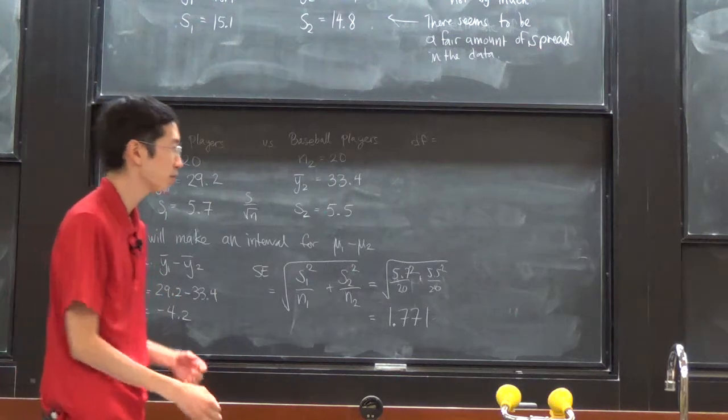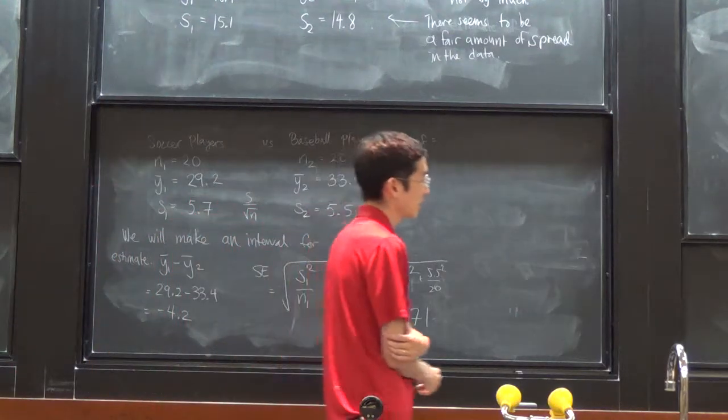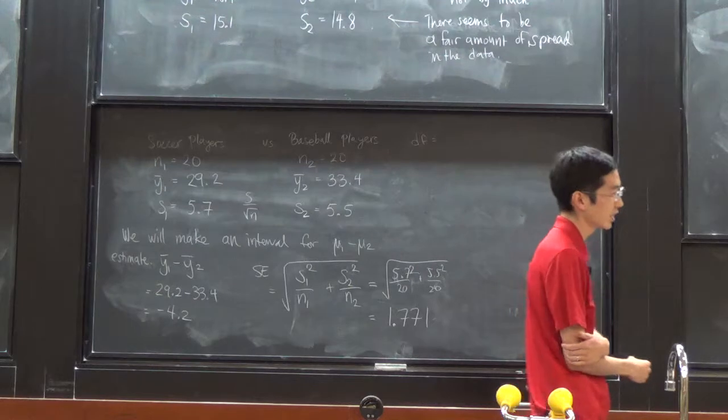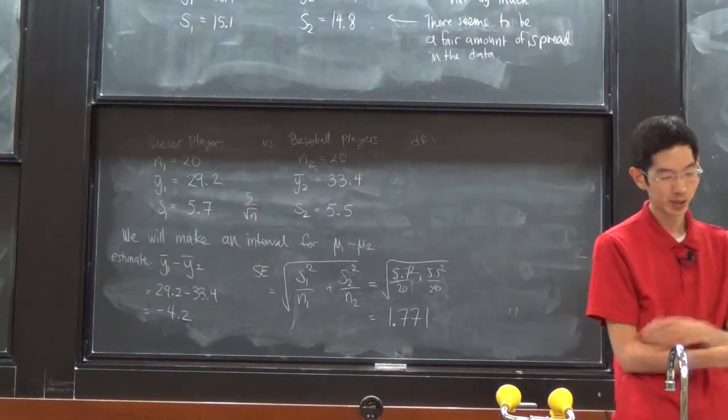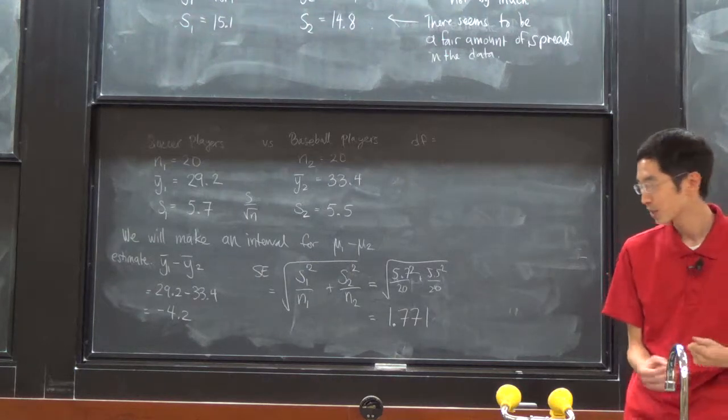So we have approximations for the degrees of freedom. And we have, I guess, the generous or the miserly or conservative side of the approximation.